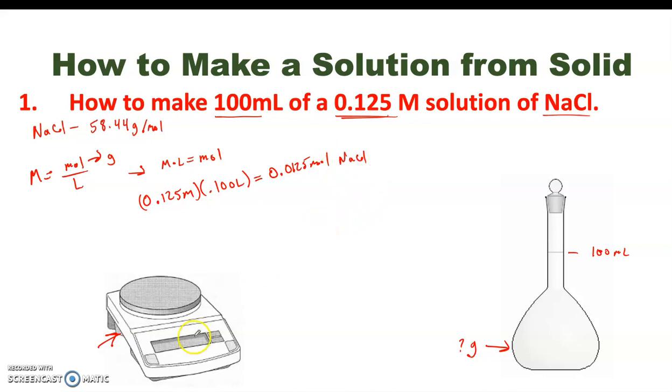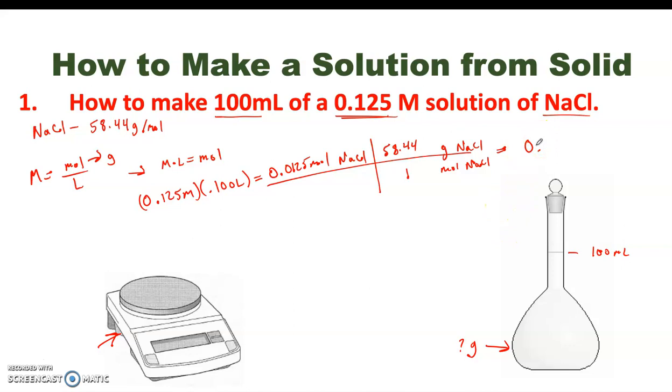Now, I don't know how to measure moles on this balance, so now we have to go one step further, calculate grams. So I'm going to bring moles of NaCl down. Grams of NaCl goes on top. 1 goes with the mole, and there's 58.44 grams per mole. So I do this step here, times 58.44.